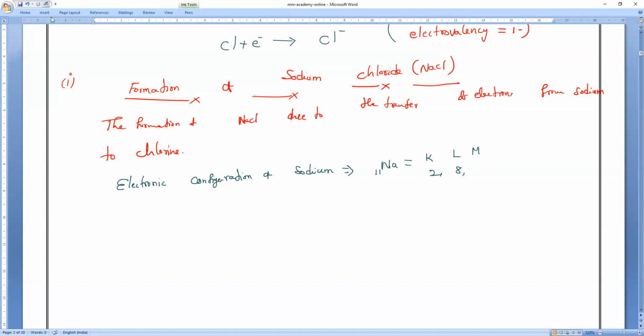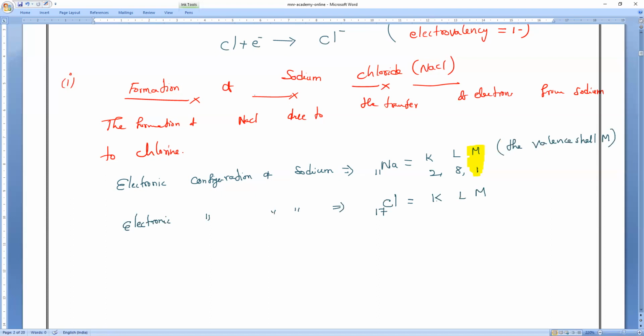What is the valency shell? M shell. The valency shell is M. Please note it. Next, girls, electronic configuration of chlorine. Atomic number of chlorine? 17.